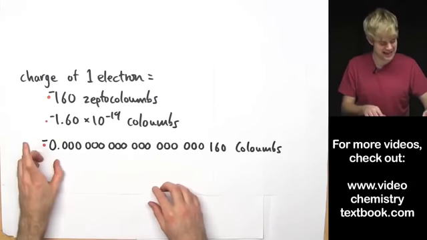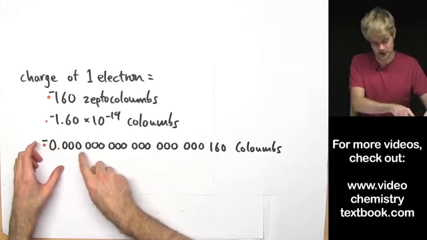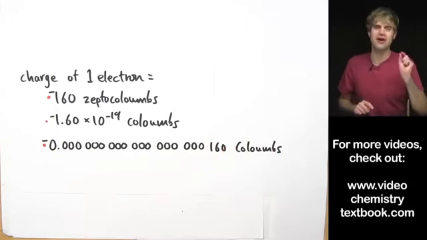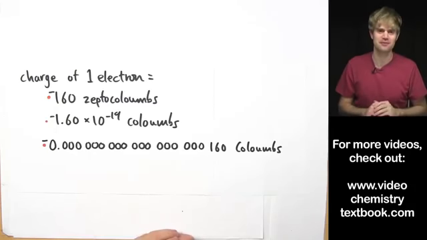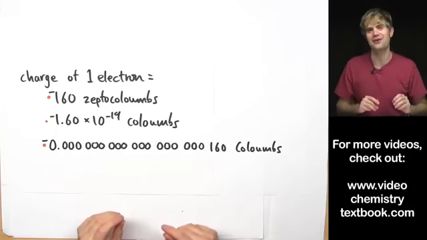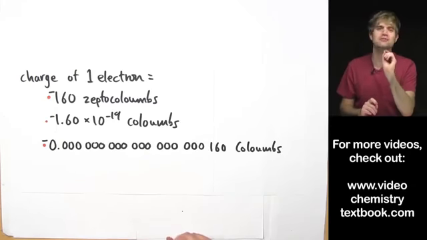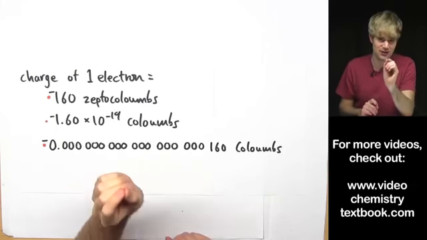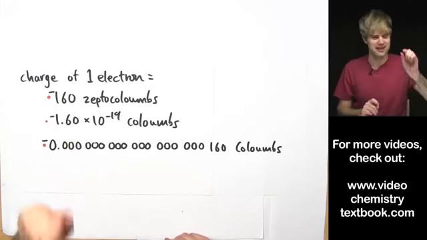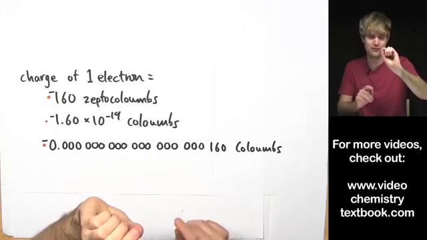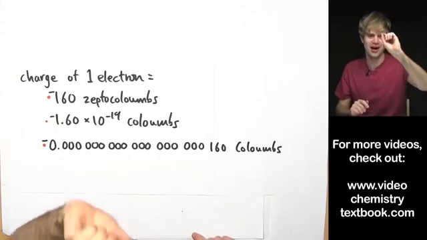Or it can be written as negative 0.0000160 coulombs, a very, very tiny amount. That is how, with the oil drop experiment, scientists were able to first measure the electric charge on an electron by taking tiny little drops of oil and balancing the downward gravity force with an upward electric force.